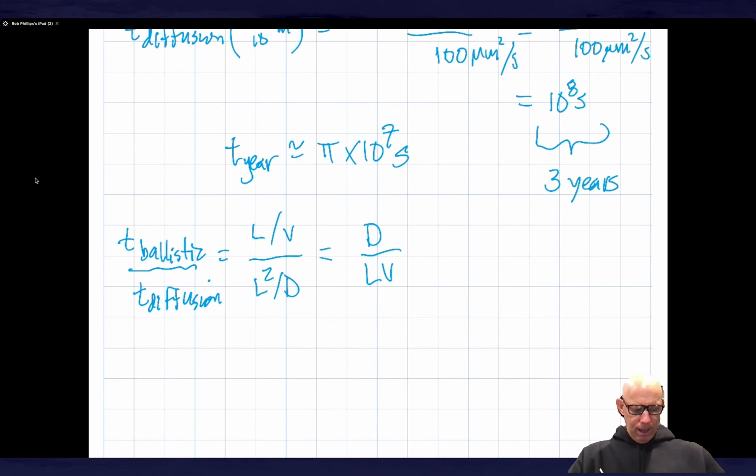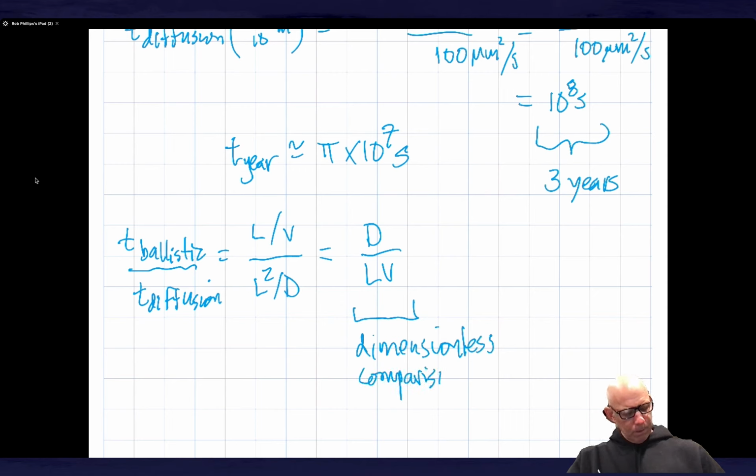My main point is that a number like this, which is dimensionless, is a dimensionless comparison of what I might call deterministic transport and diffusive transport.